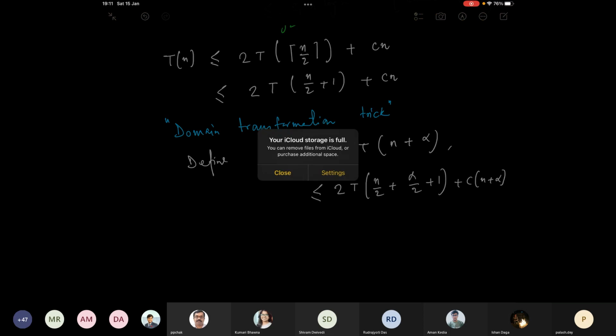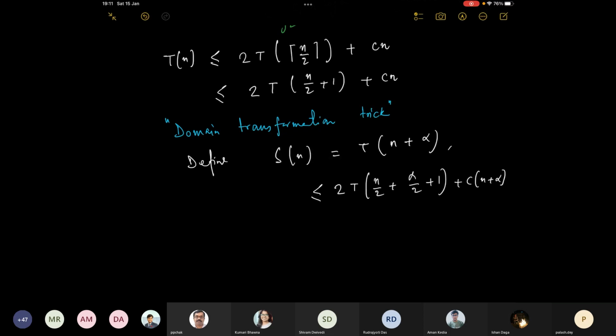Now help me write T of n by 2 plus alpha by 2 plus 1 as a function of S, not T. Now can someone tell me what should I write? S of what?